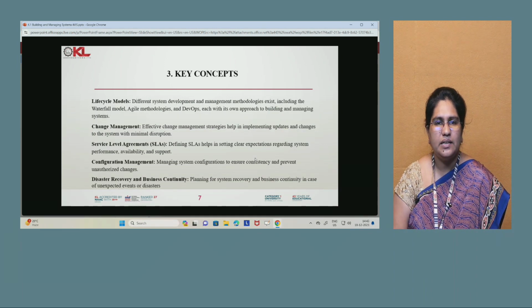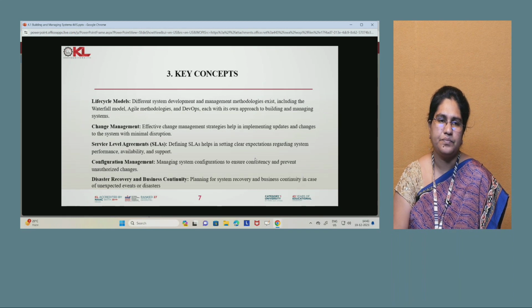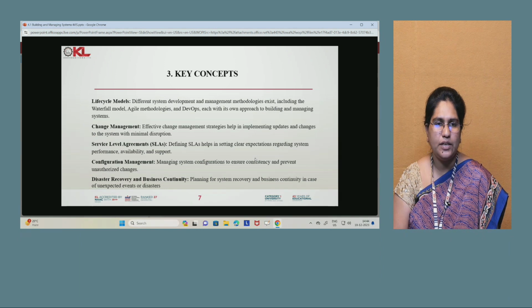What are the key components or key concepts covered in this system? We are going to discuss life cycle models, change management, service level agreements, configuration management, disaster recovery, and business continuity.